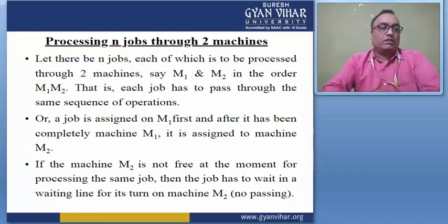If machine M2 is not free at the same time, then the job has to wait in a waiting line. The job waits in the waiting line for its turn on machine M2, right?